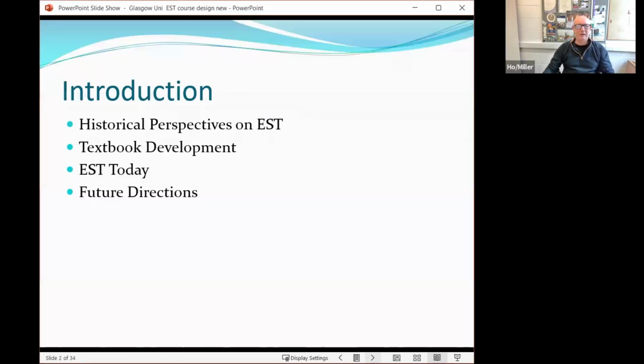So what we're going to do is have a quick look at the historical perspectives on EST. Just a few words about textbook development, because most of us use textbooks in our teaching courses, ESP, EAP. And then I'll talk about the course which I developed in Hong Kong for the students there. And then the future directions, which is multidimensional.